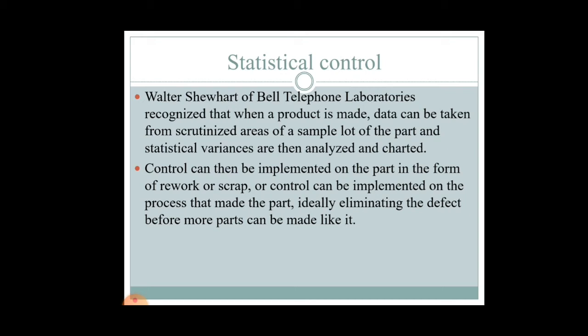So we can inspect it, and we can eliminate the defective part. On the other hand, we can make improvement at this time point so that our next product is of good quality.